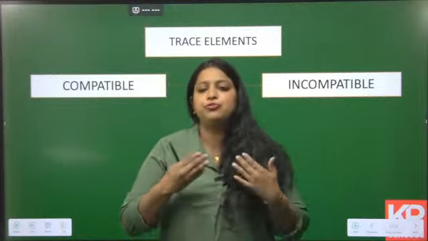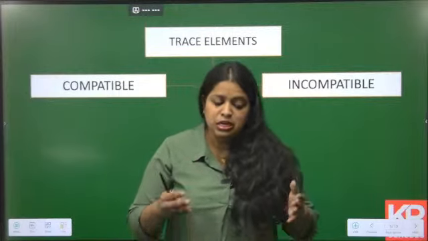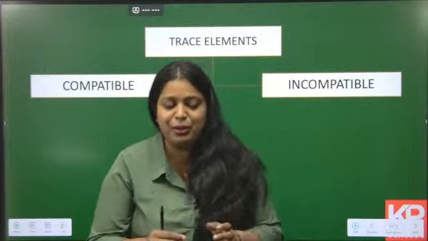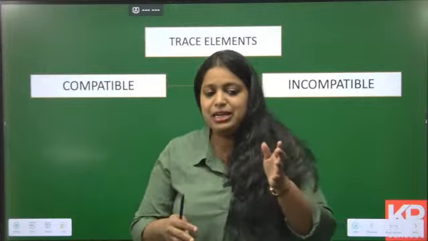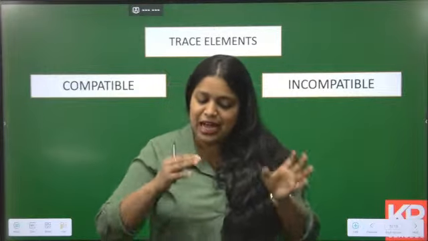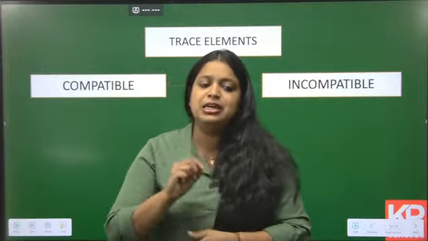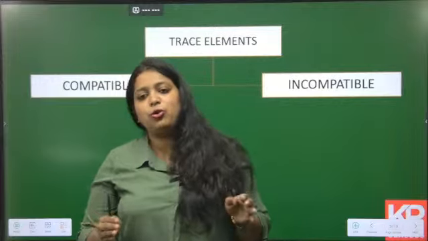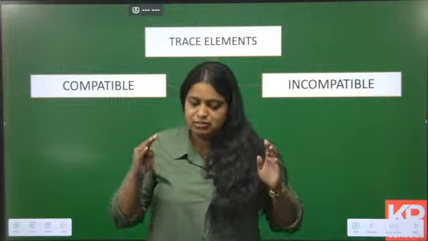So during crystallization, if the amount of an element is higher in solids than in melt, that element is compatible. If the element is higher in melt than in solid, the element is incompatible. So the terminology of incompatible and compatible elements is very important.